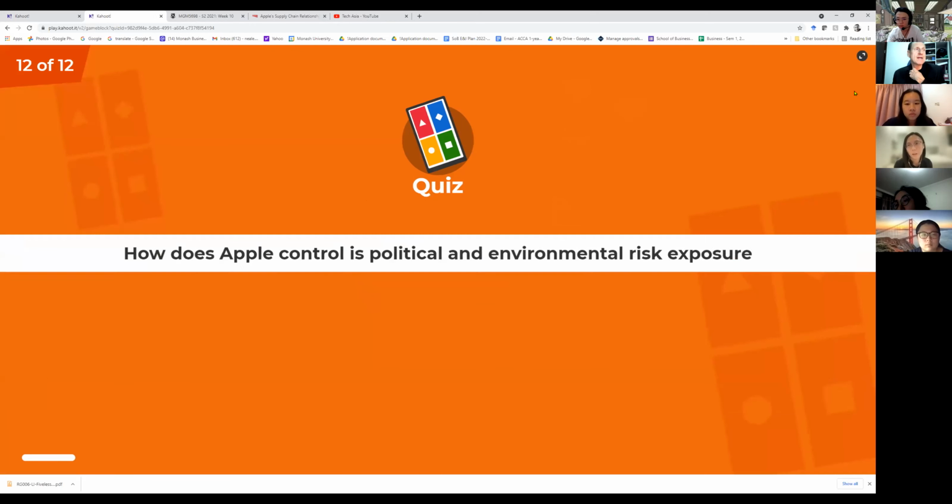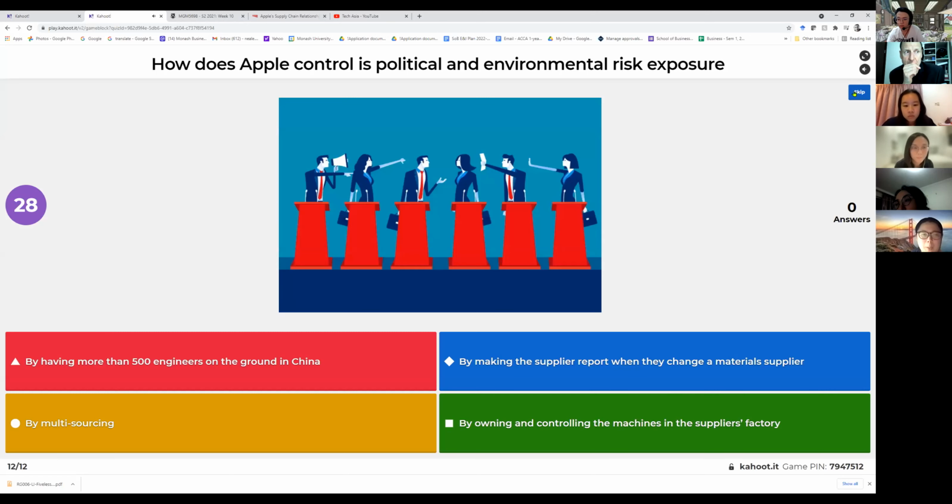Okay, 12 out of 12. How does Apple control its political environmental risk exposure? How can they control their political environmental risk exposure? We've covered this one. The answer is dead in front of you. I think you know this one.